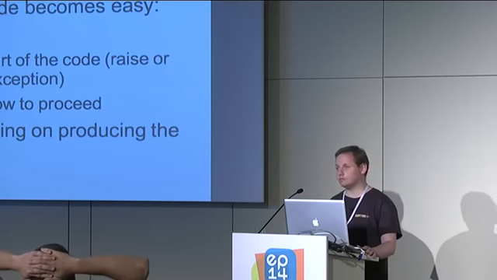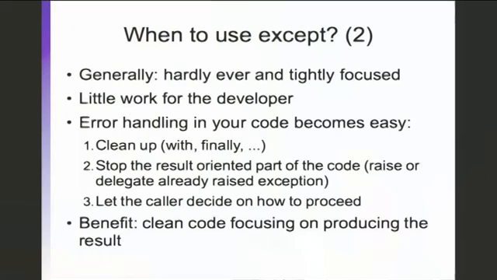So generally, you hardly ever use except. And when you use it, you use it in a tightly focused way, which means little work for the developer, and which also means that the error handling in your code becomes very easy, because most of the time you just clean up. If there's an error, you don't care, because you can't fix it. The user has to fix it, the operator has to fix it. So you just clean up, and it traverses upwards the stack.